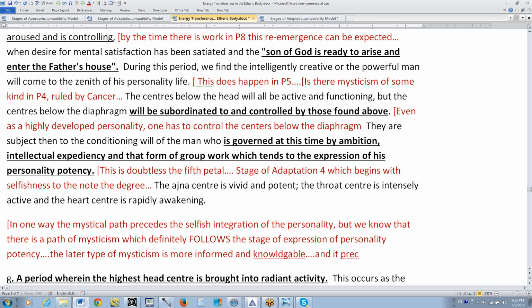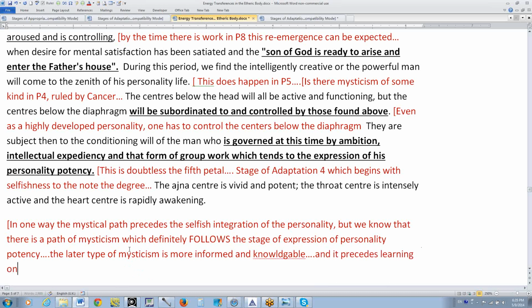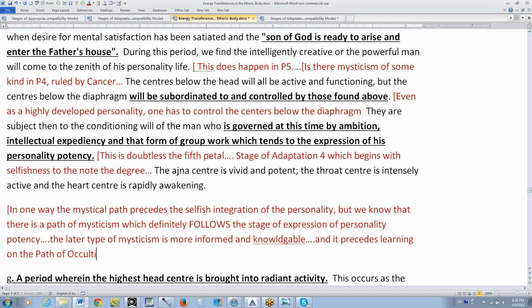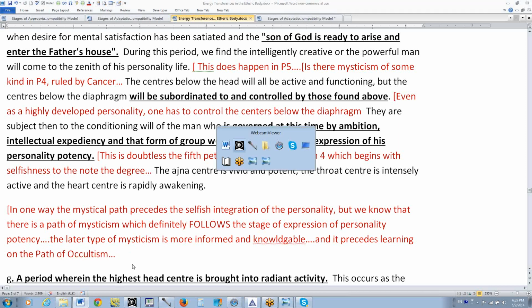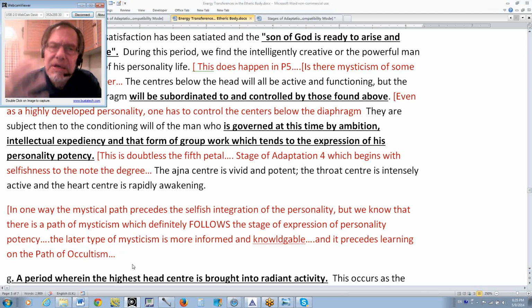Let's see, how do I do this? Precedes learning on the path of occultism. So we seem to have, if I can put it this way, mysticism, personality expression, mysticism, path of occultism. At least that's the way it seems to me at the present moment.